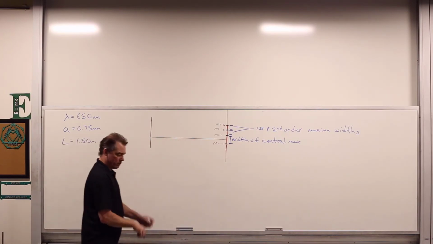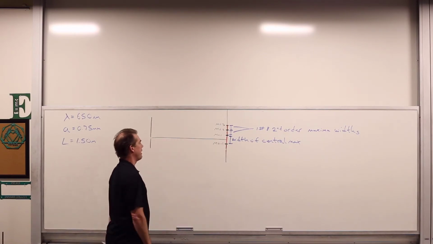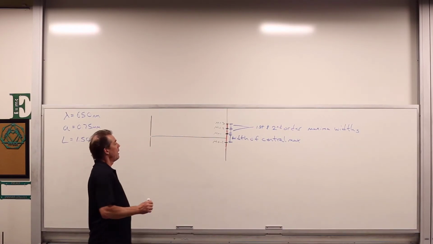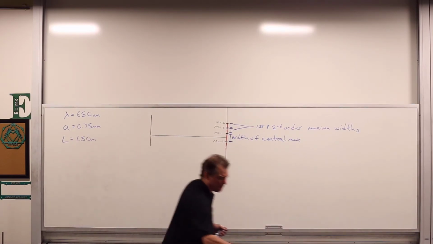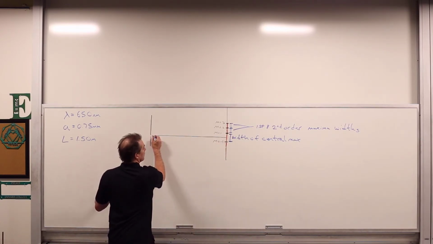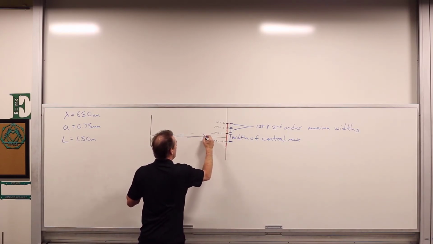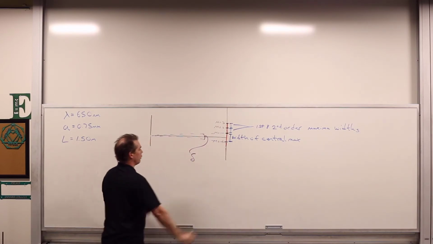And what we can do with all of this is start to put things together and figure out what we need to do here. So the first question is, what is the angular width of the central maxima? I'm trying to make this not too messy. We ultimately want to know what is this angle. Let's just call it some angle delta.